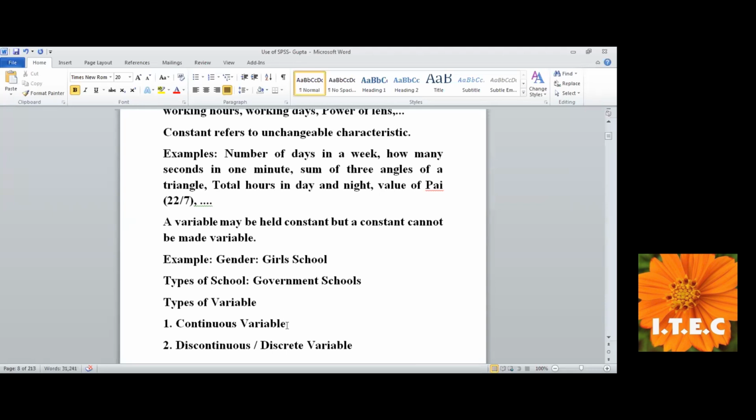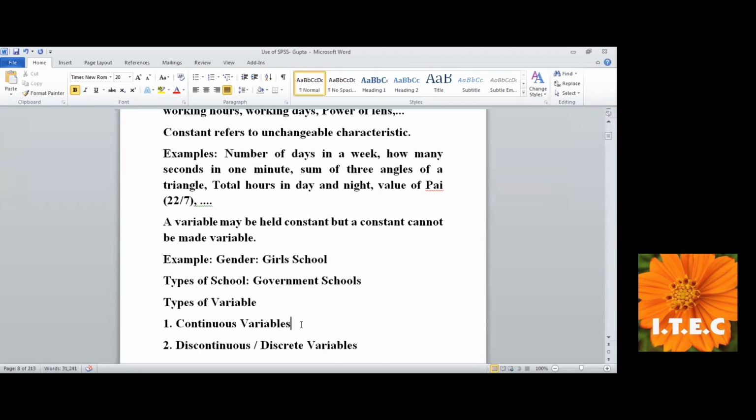In all subjects, either your variable is a continuous variable or it is a discontinuous variable. And you can use the name continuous variable and discontinuous variable in all types of researches.